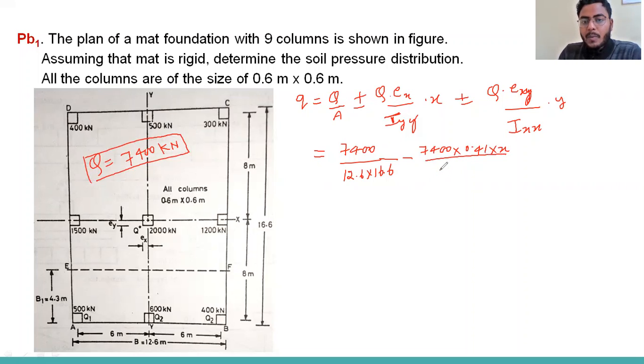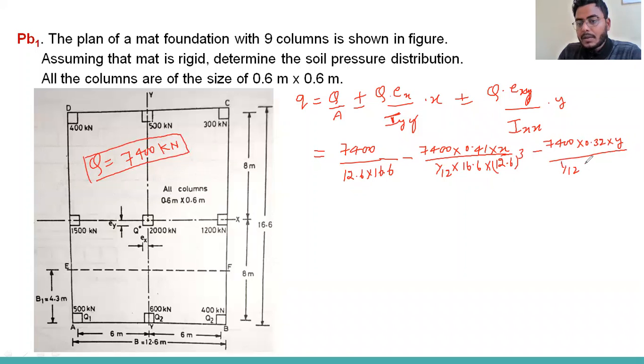Okay, now the moment of inertia. So 1 by 12 into IYY, that will be B into Q cubed by 12. What will be the B? B will be 16.6 into 12.6 cubed minus 7400 into EY, that is 0.32 into Y. Let Y be unknown.